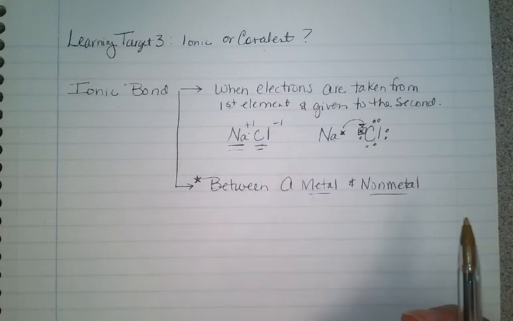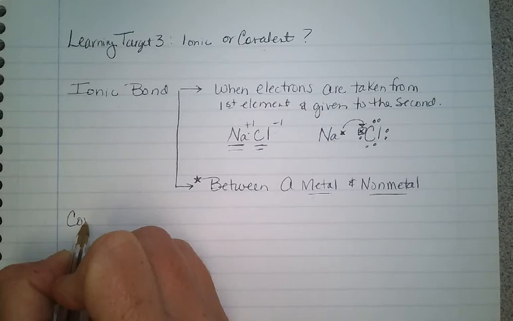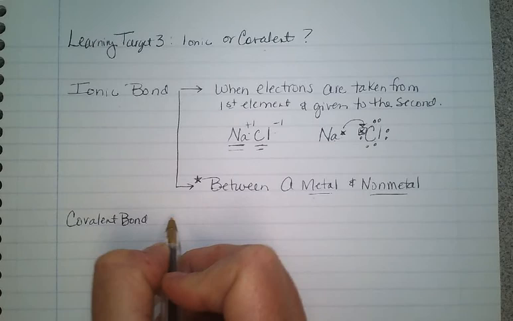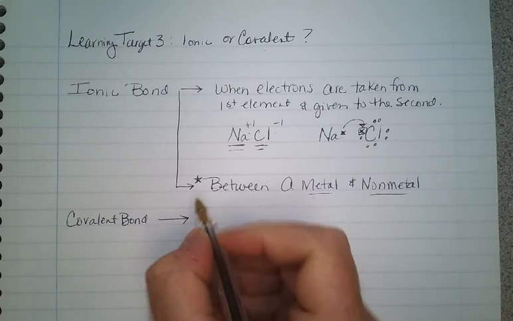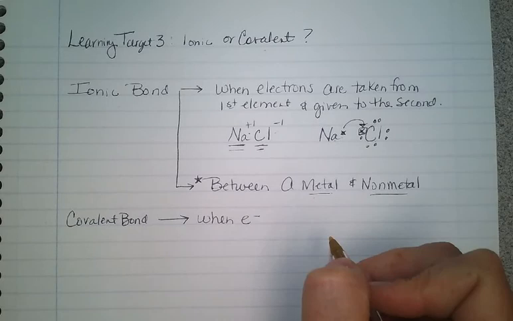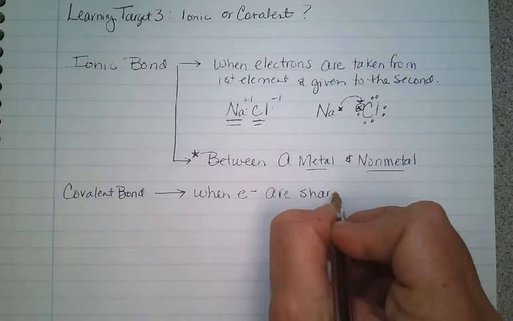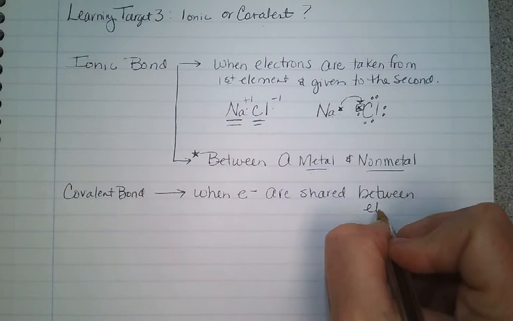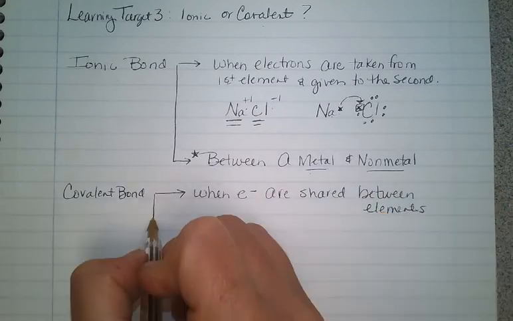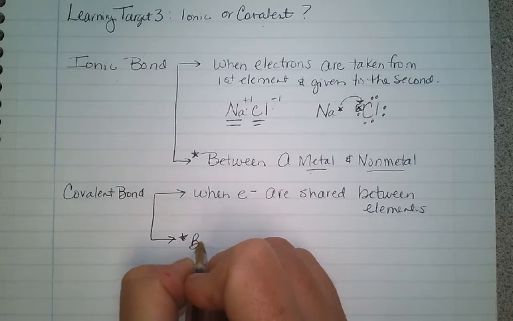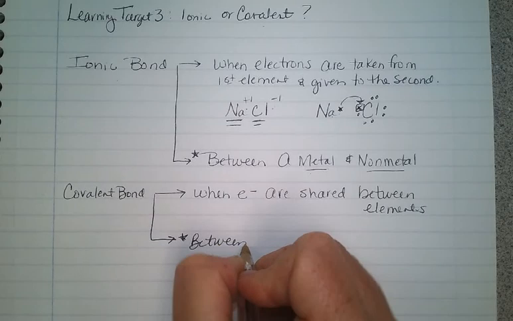The other thing is the covalent bond. These are when electrons are shared, and this happens when you have two nonmetals.